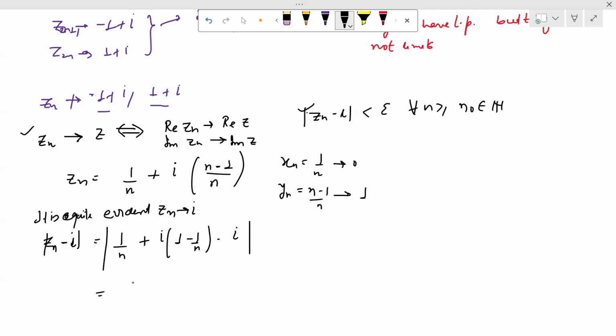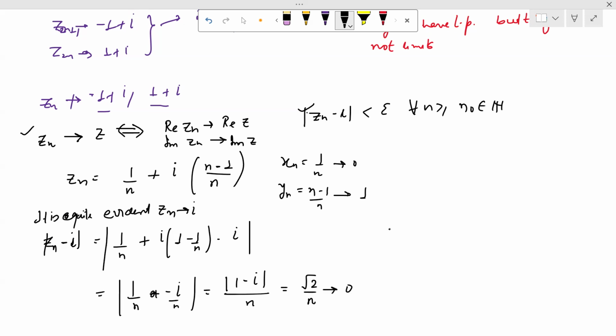So it would be simply modulus of (1 minus iota) upon n, which is equal to root 2 upon n, since you know that modulus of 1 minus iota is root 2. It will tend towards 0.